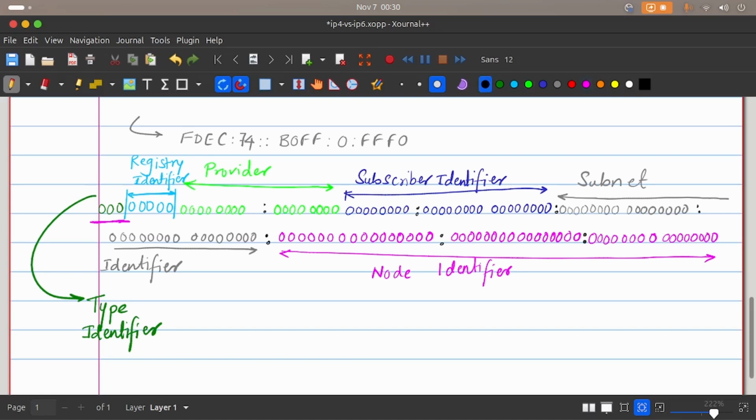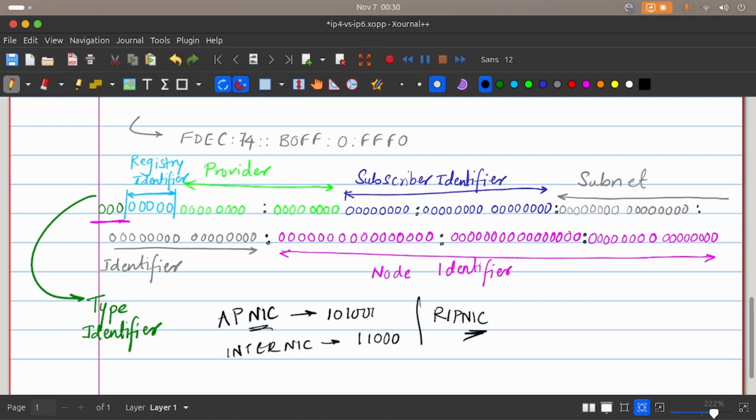The one which identifies India is APNIC, and its code is 10100. Then for America it's InterNIC, and their code is 11000. And for Europe, it is RIPE NIC.